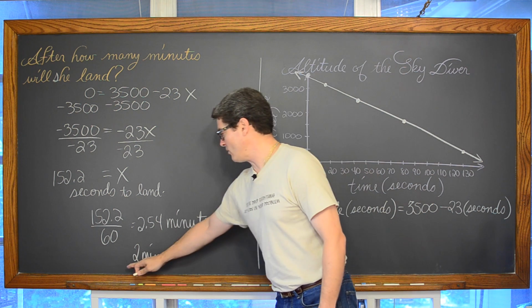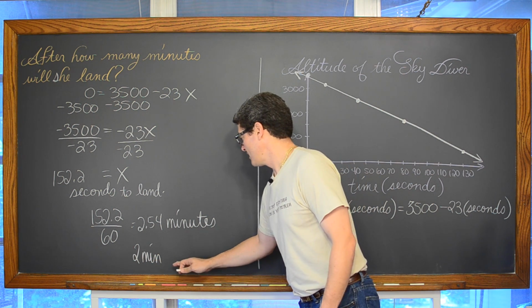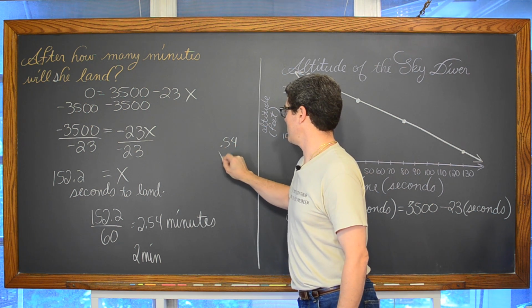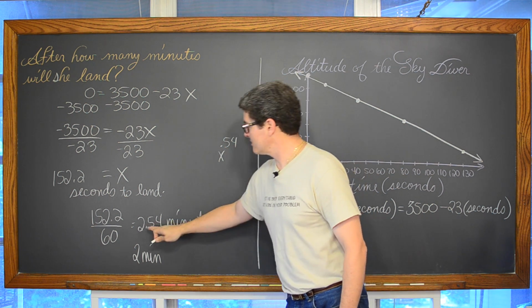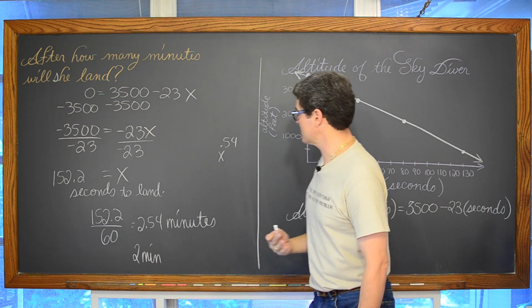If I don't want to write that as a decimal, I can take the 0.54, the decimal part at the end of the problem, and convert it back into seconds.